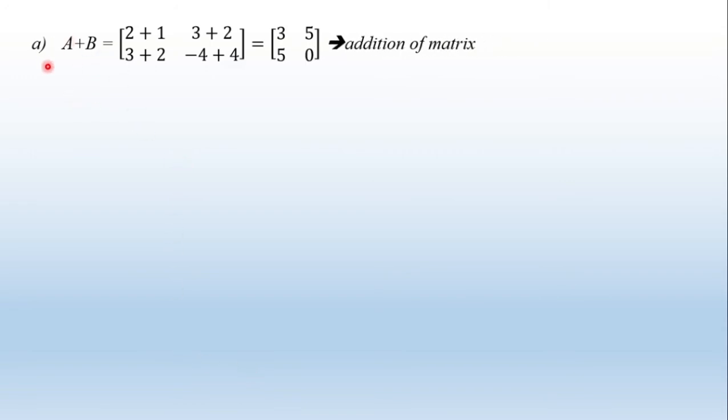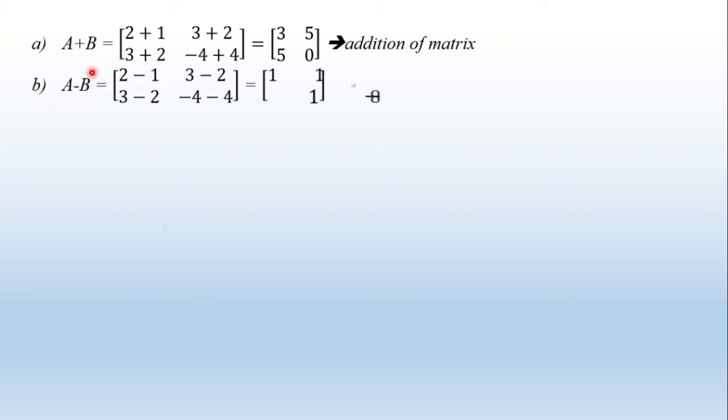Addition of matrix A plus B means 2 plus 1, 3 plus 2, 3 plus 2, minus 4 plus 4, which equals 3, 5, 5, 0. Adding the corresponding value of A with the corresponding value of B is called addition of matrix.